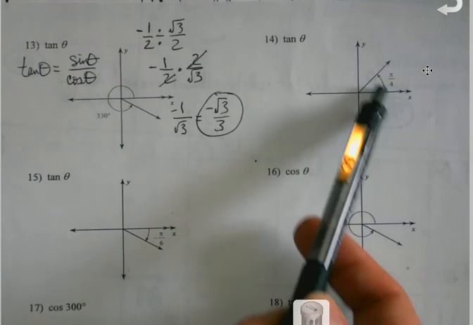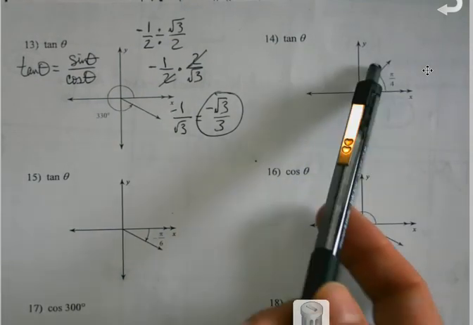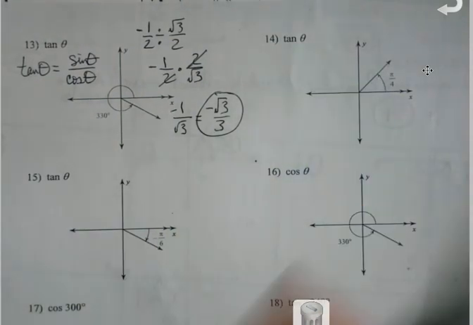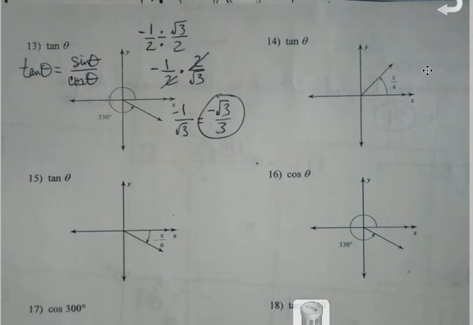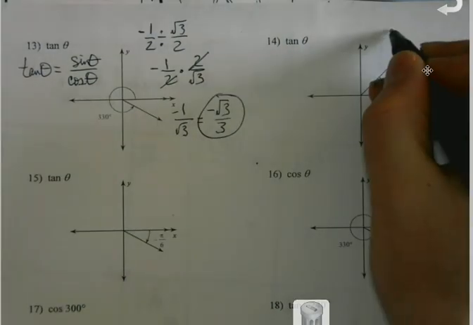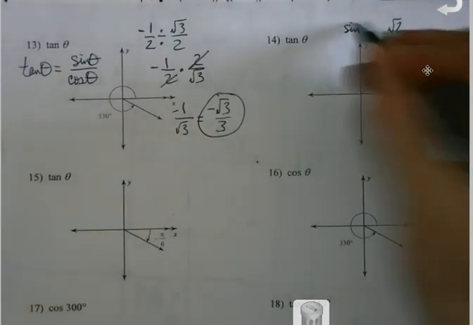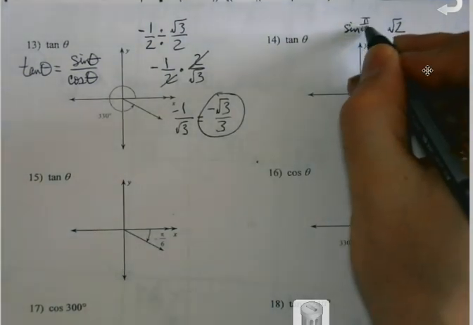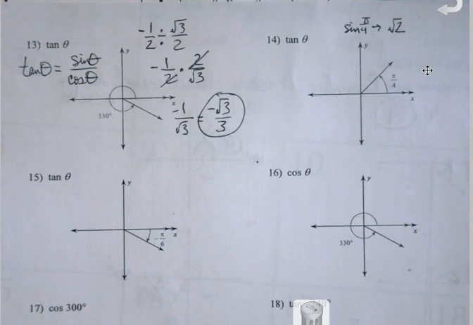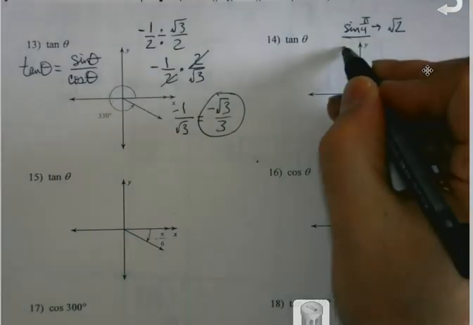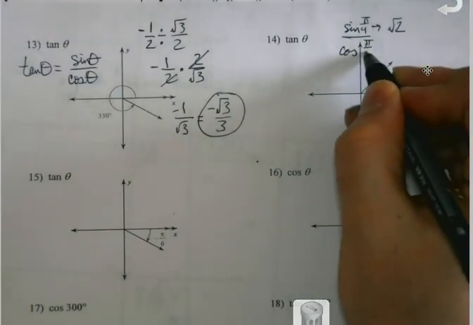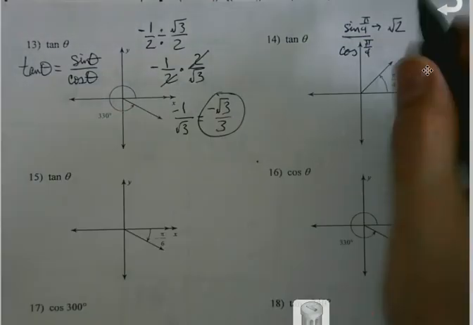Tangent of theta, tangent of pi over 4, 45 degrees. So I'd be like, okay, so I need to do my sine of 45 degrees, which is the square root of 2 over 2. And I'm going to divide that by the cosine of 45 degrees.